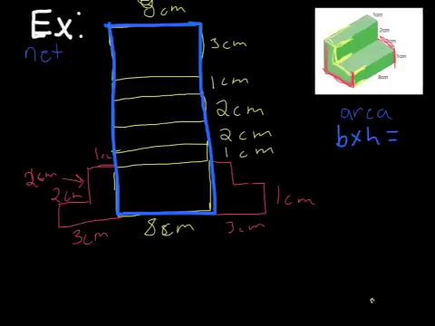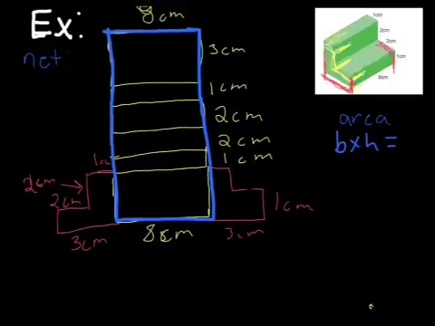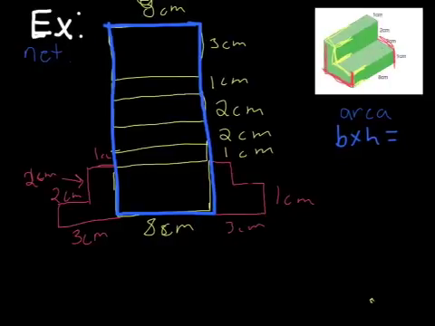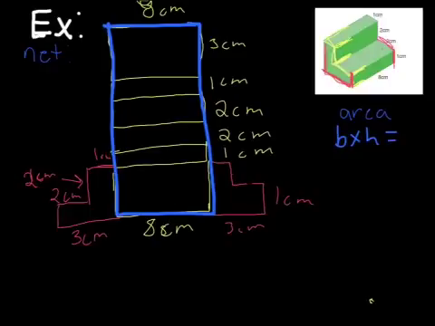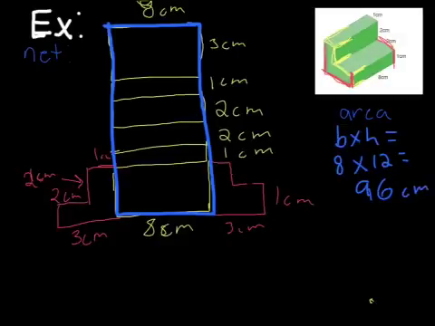So the area of this rectangle that I've outlined in blue is going to be 8 times 12, I believe. Check my math, because 3 plus 1, 4, 6, 8, 9, 12. 8 times 12 equals 96 centimeters. So that just means I found the area of this blue rectangle.